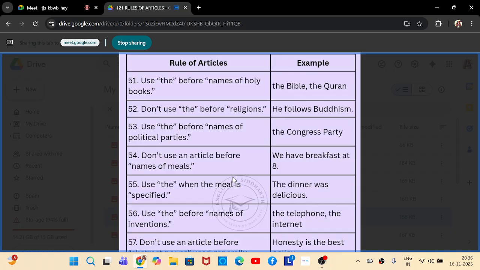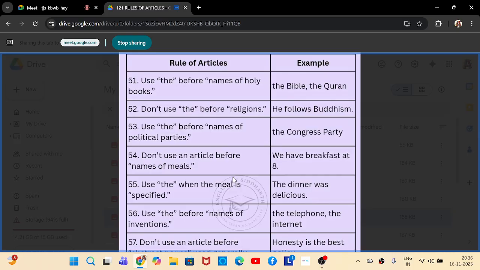Next is use the when the meal is specified. So the 55th rule says we should specifically take that meal. If you want to speak specifically about some particular breakfast or some particular lunch, you can use the. Yes, Soundarya, can you read the example? The dinner was delicious. Very good.